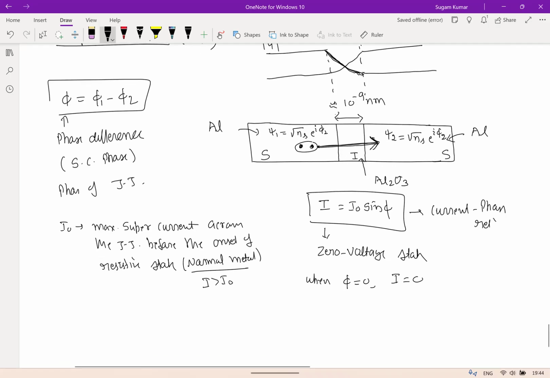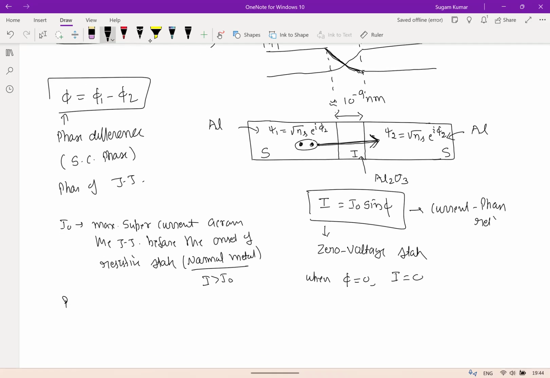So this indicates that the phase difference causes the tunneling of Cooper pairs. So if there is a phase difference, then only the Cooper pair is going to tunnel. Can somebody give me why this happens? Why does the phase difference play a role here?